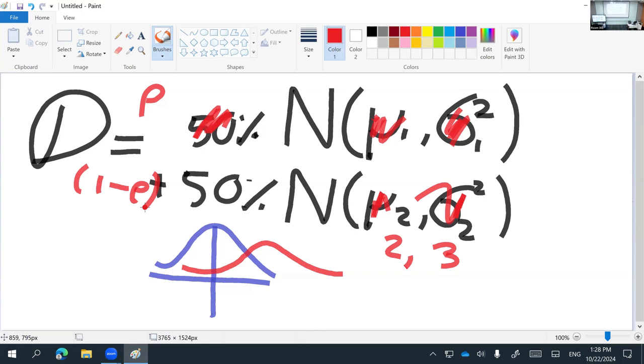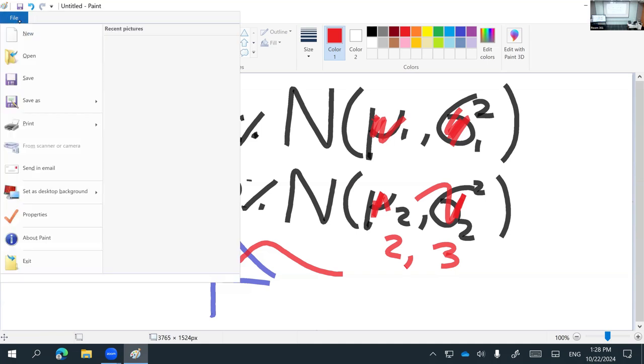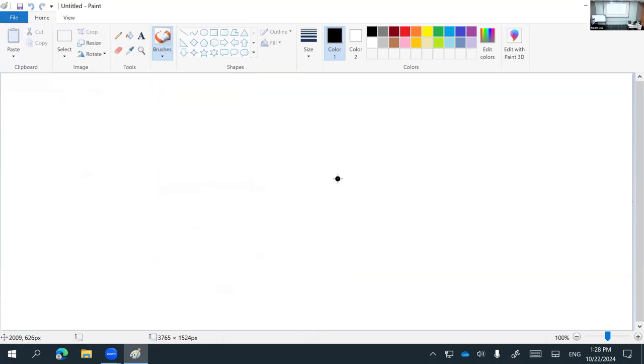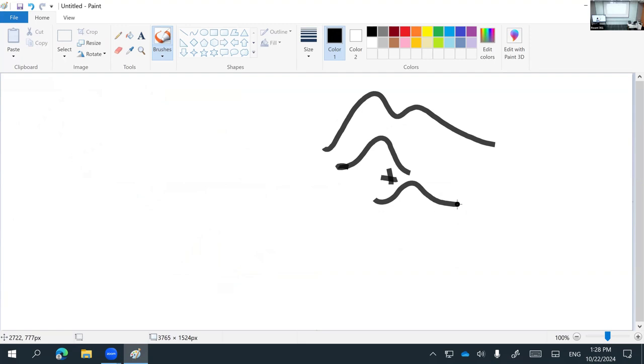Now, let me flip your mind around. Instead of having one distribution that looks like this, and in order to model it, you model it as this plus this, and some percentage P of this and 1 minus P of that.